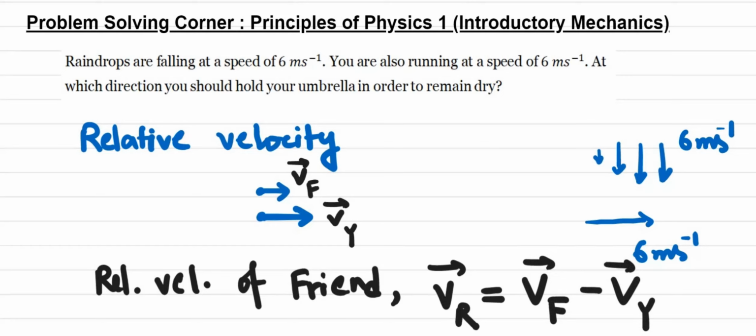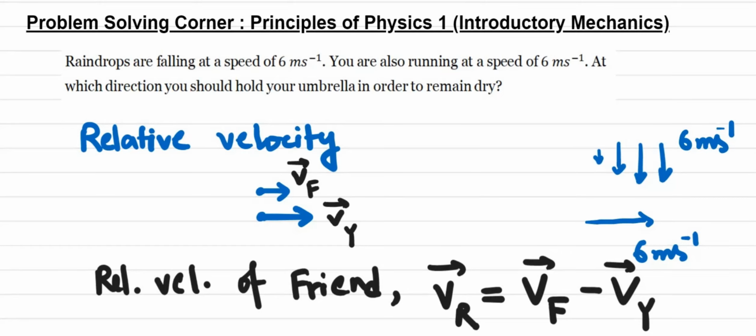This is important. If you're finding the relative velocity of your friend, then you subtract your velocity from your friend's velocity, and that will give you your friend's relative velocity with respect to you.